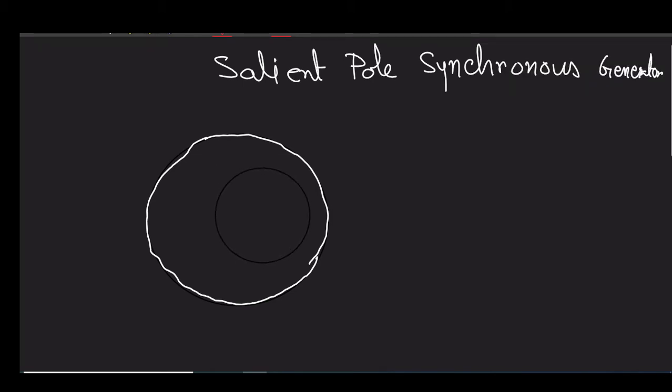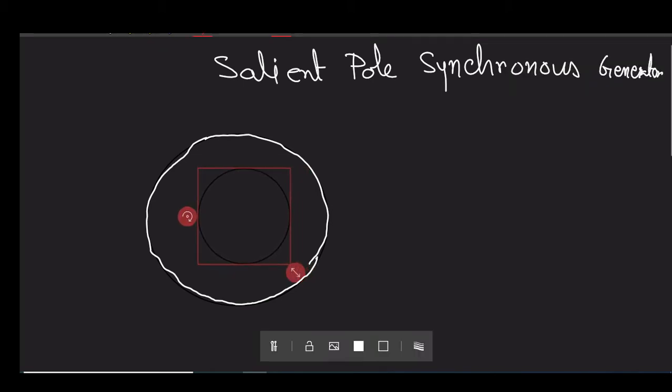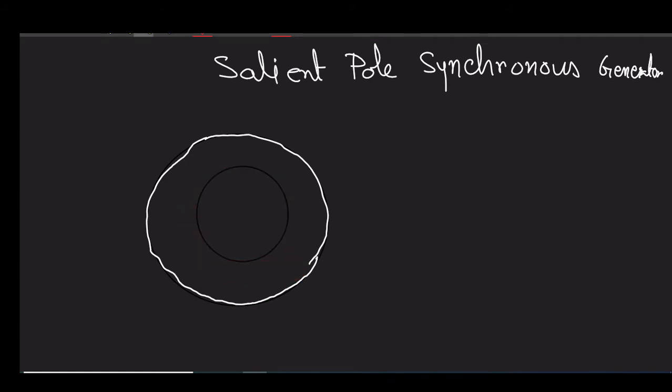We have another cylindrical structure inside it. Due to my poor drawing skill, it may give you a feeling that these are not continuous, but you can figure out that there is an even air gap we can see here.